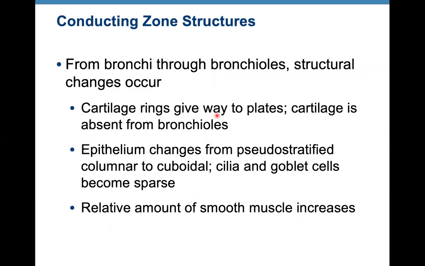Continuing with the conducting zones, from the bronchi through the bronchioles, structural changes will start to occur. Cartilage rings will give way to plates. Cartilage is going to be absent in the bronchioles. The epithelium will change from pseudostratified columnar to cuboidal. As you get deeper into the bronchial tree, the goblet cells will become sparser because you don't want a lot of mucus building up there, and the cilia will start to fade out.